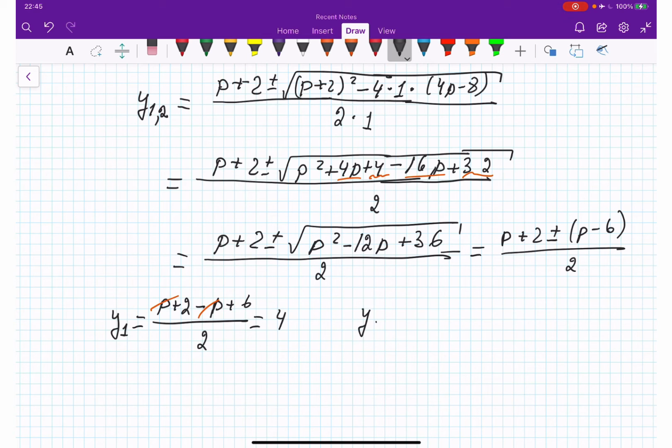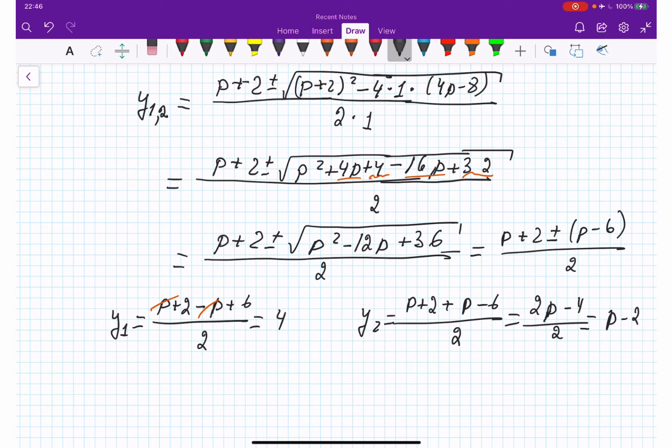And y2 is equal to p plus 2 plus p minus 6 over 2, and we get 2p minus 4 over 2, and the result is p minus 2.